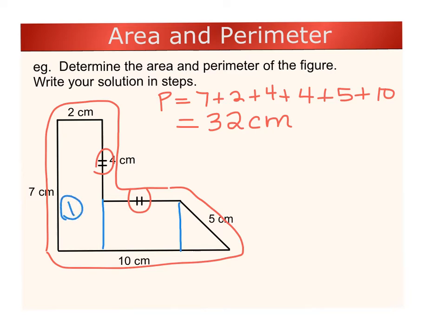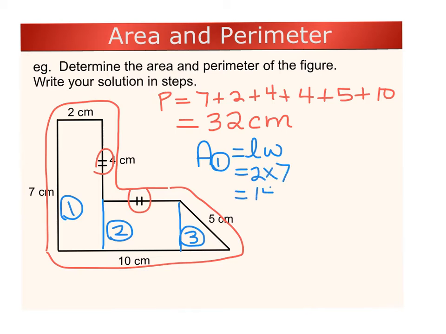I'm going to call this 1, this 2, and this 3. There are different ways that you can do this. My way is not the only way. My first shape, the area of 1, is a rectangle. That's length times width, and that is 2 times 7, so that's 14.